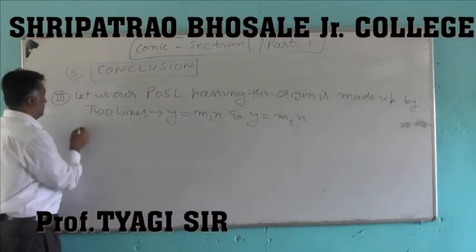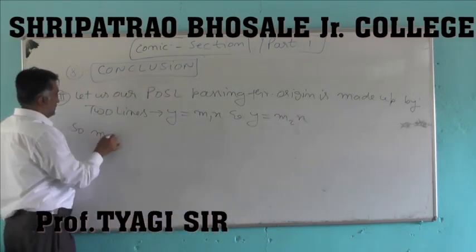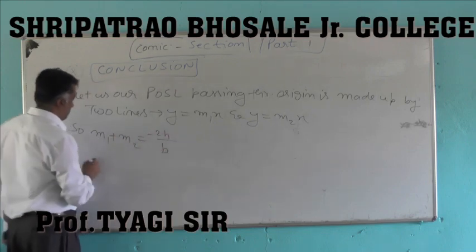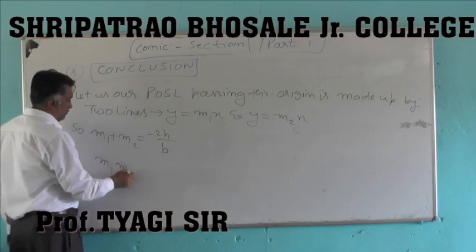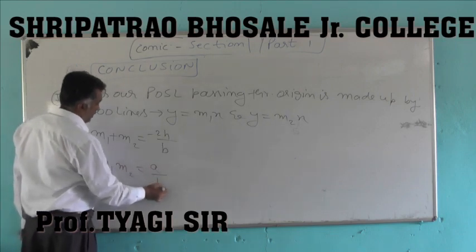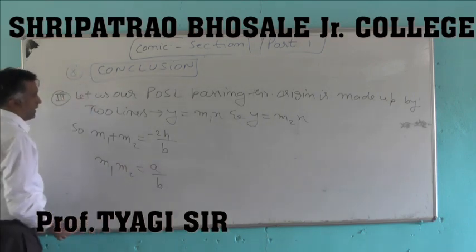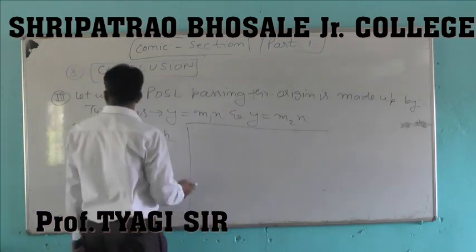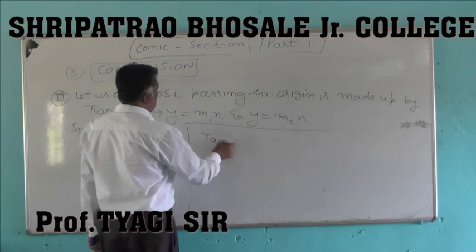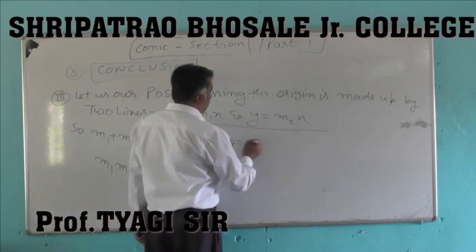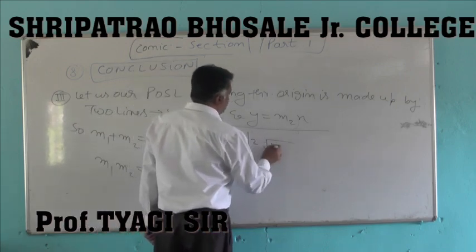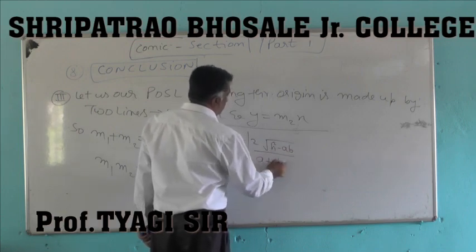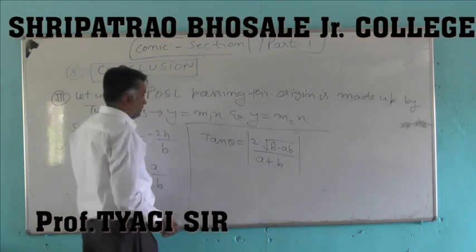So m1 plus m2 equals minus 2h upon b, m1 m2 equals a upon b, and tan theta will be 2 mod under root h square minus ab upon a plus b. Good.